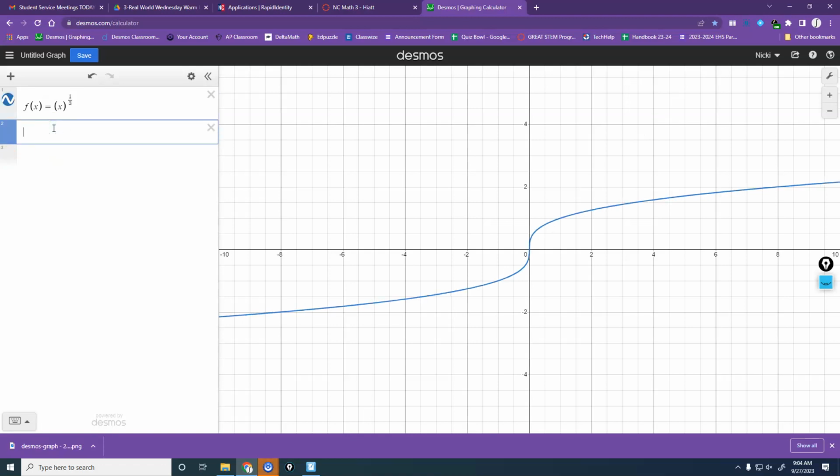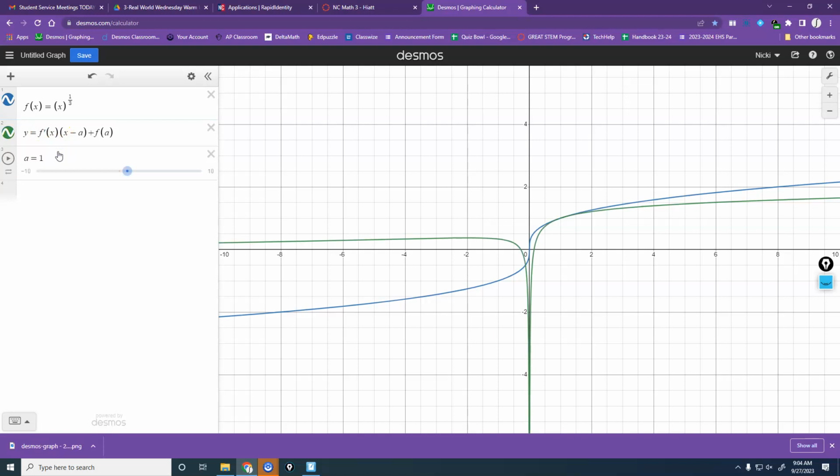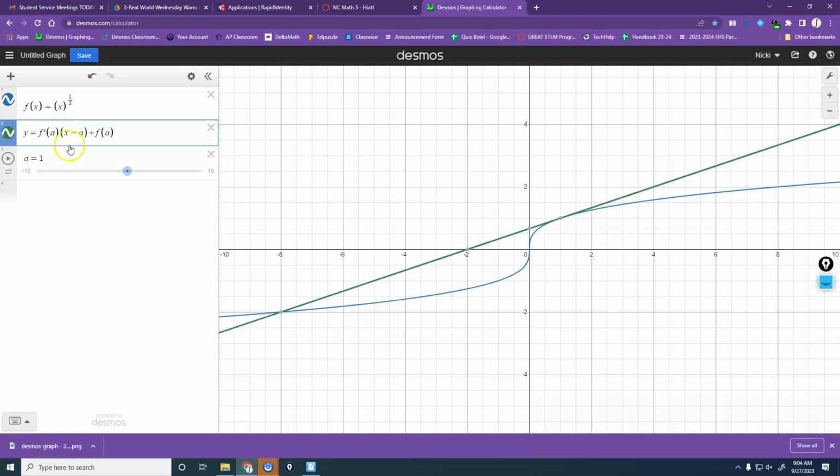And then y equals f prime of x times x minus a plus f of a. Add a slider to see if this happens. Oh, f prime of a. There we go. There's our tangent line.